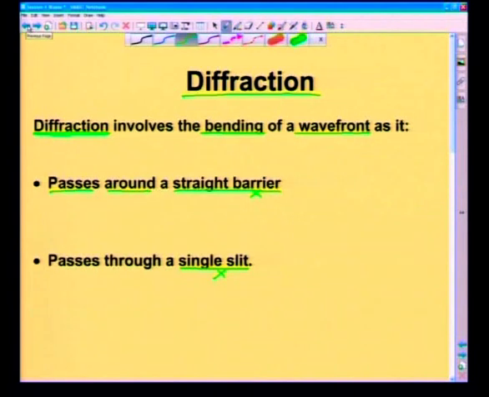Perhaps going backwards, if we've got waves here meeting, here are wave fronts, and all of a sudden they meet an obstacle. Say the obstacle is here. Something is placed on the path of the wave. What is going to happen as the waves pass through this?